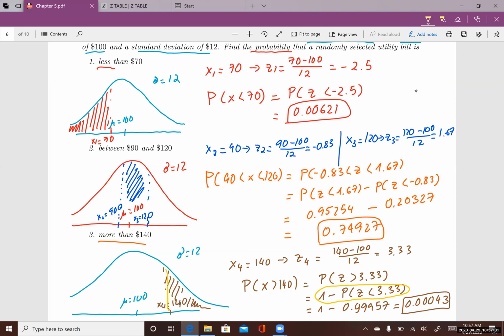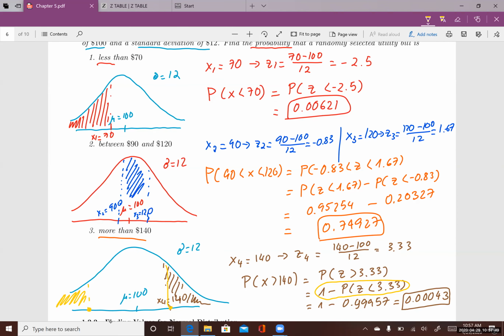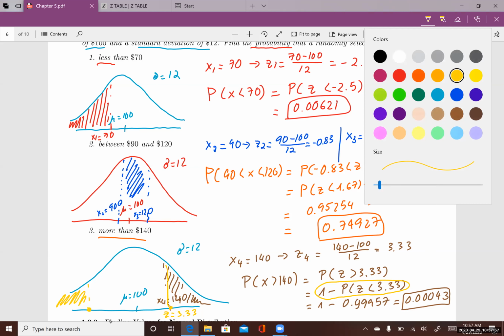Another way you can do it is, because the distribution is symmetrical, the area to the right of this value is the same as the area to the left of the opposite value on the other side. So we found that the z value here is 3.33. And on the opposite side, the z value should be negative 3.33.